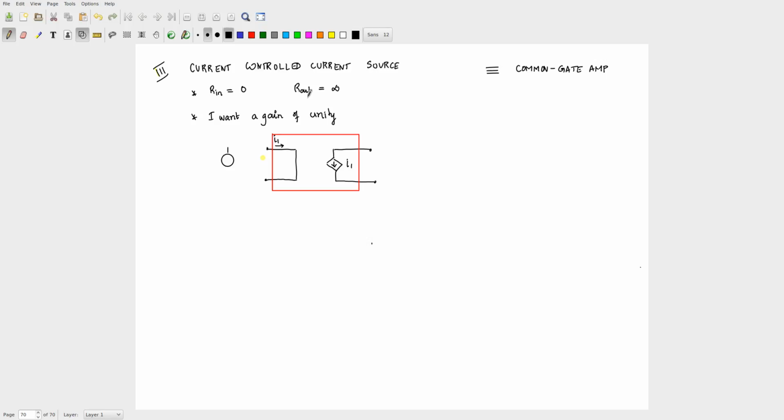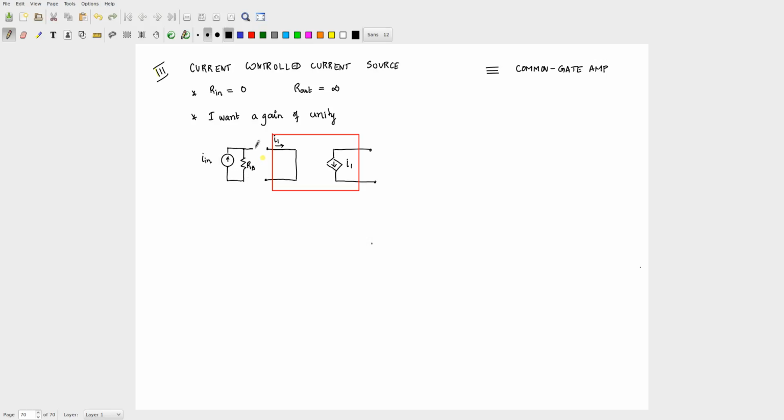So say I have some kind of source, some I in, and say this is a poor quality current source. What is a poor quality current source? It has some resistance. So it has some RS associated with the poor quality nature of this current source, correct?